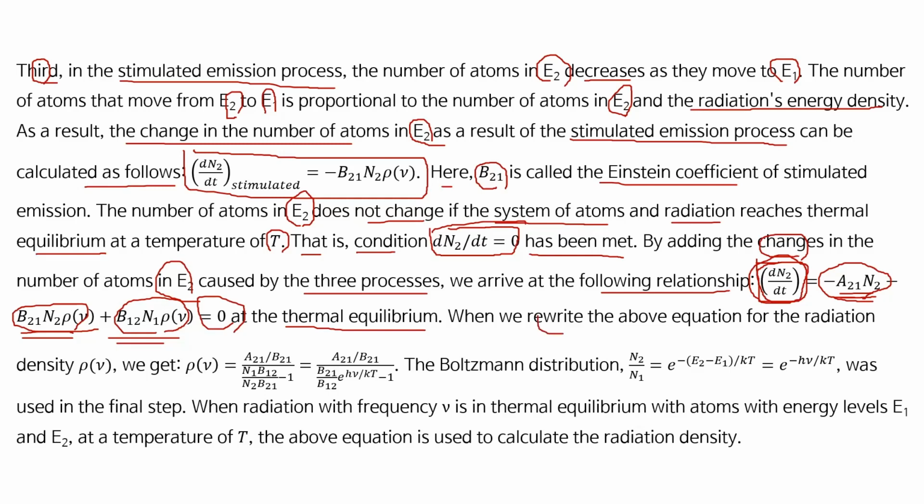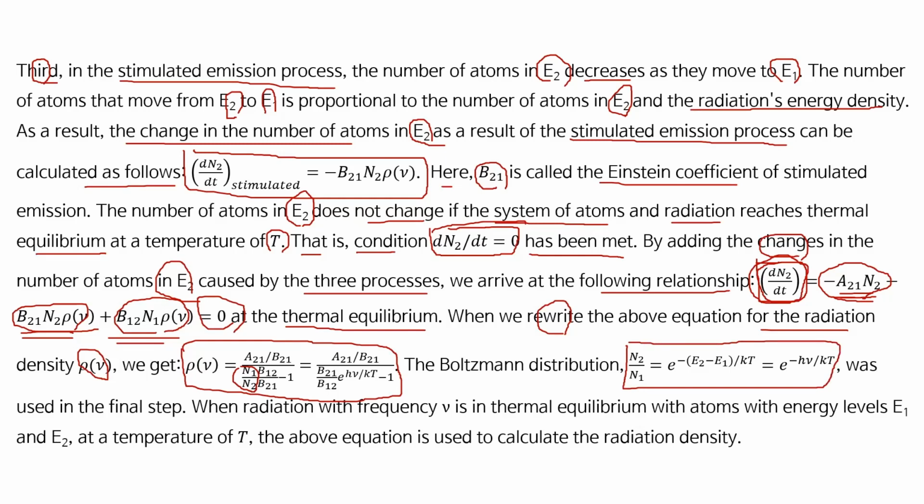When we rewrite the equation for the radiation density rho nu, we get this relationship. Here, N1 over N2 can be written by the Boltzmann distribution. So this can be replaced by this Boltzmann distribution.